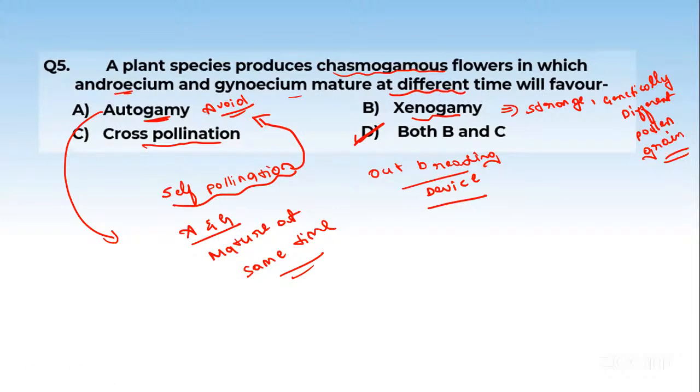There the cross-pollination is going to happen. Yes or no? If it is happening at different times, the correct answer is xenogamy and also cross-pollination. So that's why the correct answer is B and C. Now you understood? While coming to the class, you have to revise, guys. Otherwise, you will not understand anything.